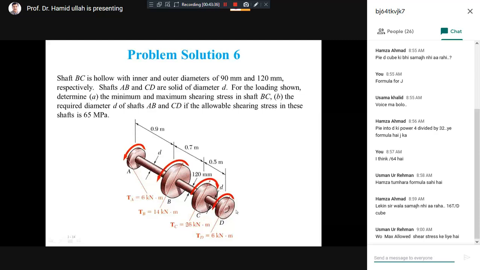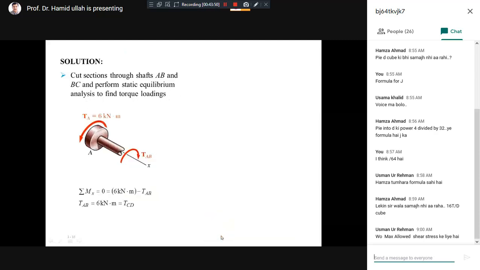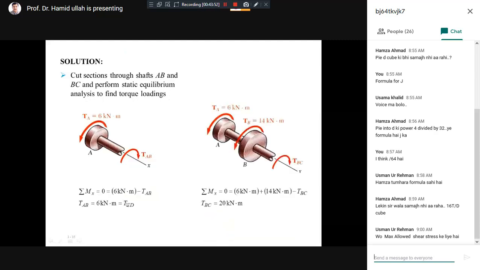You can see 6 kilonewton meter. This will be the applied load, and at the cross section there will be the resistive load. For sure the resistive load should be equal to the applied load, which is 6 kilonewton meter. Therefore the torque for the CD part is also equal to 6 kilonewton meter, from the equilibrium condition.